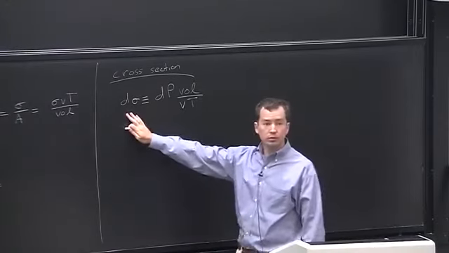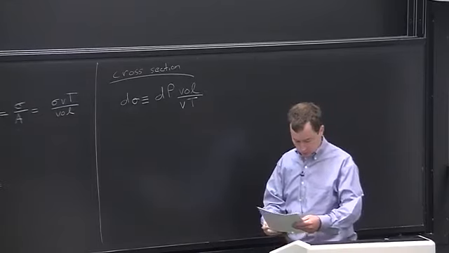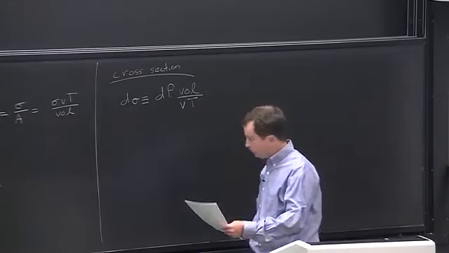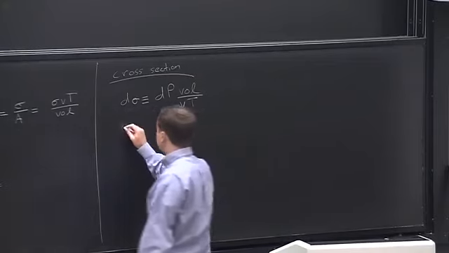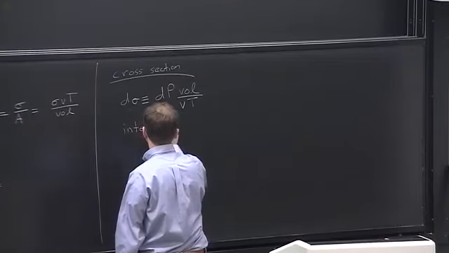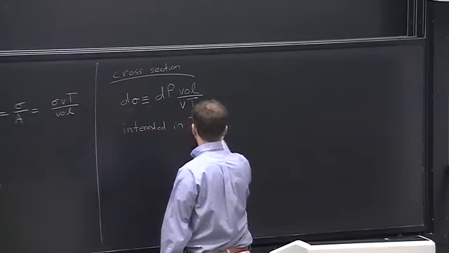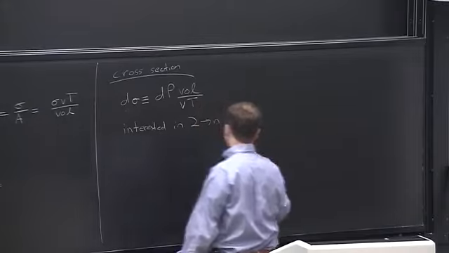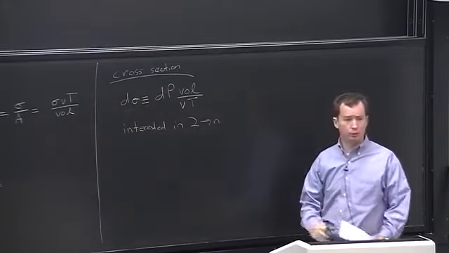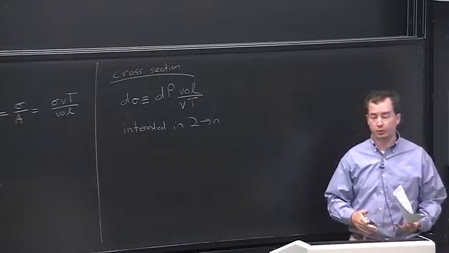So this is what we're going to compute. And for the most part, we're interested in 2 to n scattering, almost exclusively, basically just because it's very hard to collide more than 2 particles at once.